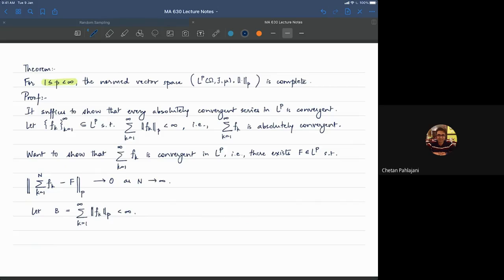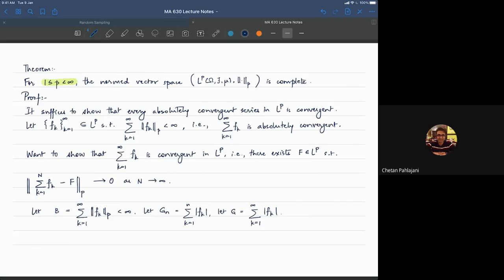Now let capital G_n equal the sum over k from 1 through n of the absolute value of f_k, and let capital G be the sum over k from 1 to infinity of the absolute value of f_k.